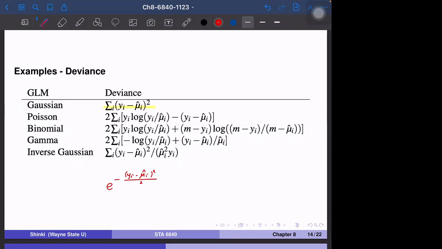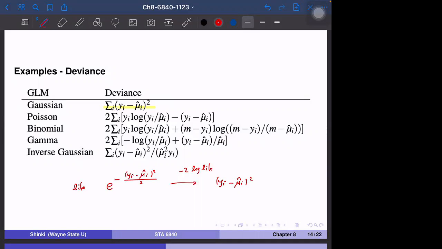So y i minus mu i hat. Mu i hat may be a linear function of beta naught to beta p. Then the negative 2 times log likelihood. So this is the likelihood function. So take the logarithm, then the exponential disappears, then negative 2 times. So this becomes y i minus mu i hat.